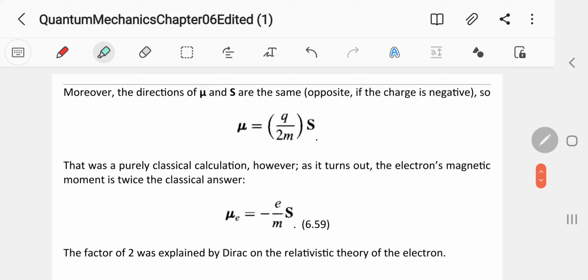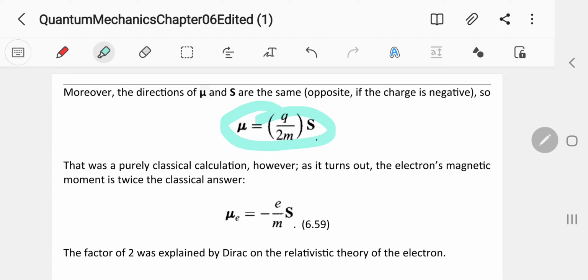The direction of our magnetic moment is the same as S, but if the charge is negative, it should be the opposite, so you put a negative sign there. This is a purely classical result. However, it turns out that the electron's magnetic moment is twice the classical answer.